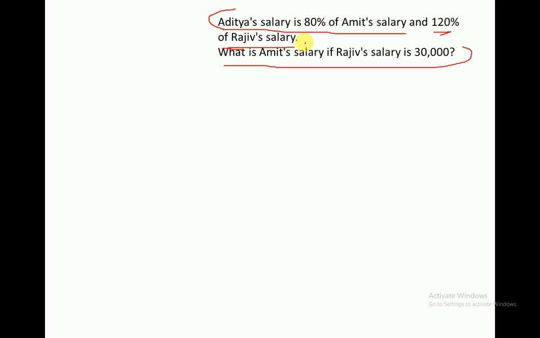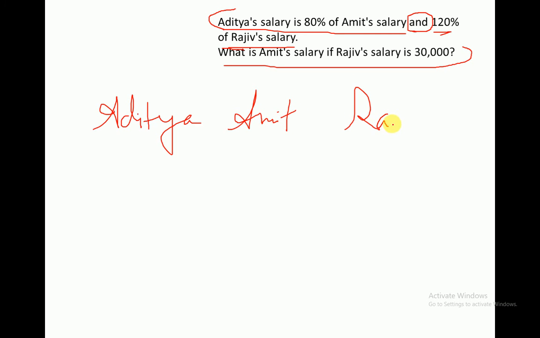It says that Aditya's salary is 80% of Amit's salary, and there is an 'and' over here, which joins the question. Aditya's salary is 80% of Amit's. So let's say Aditya, Amit and Rajiv.